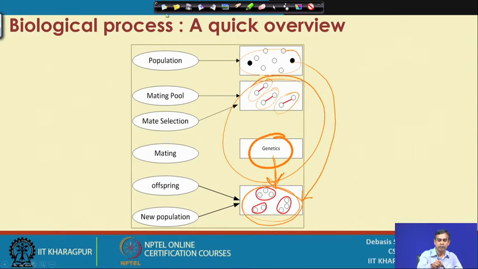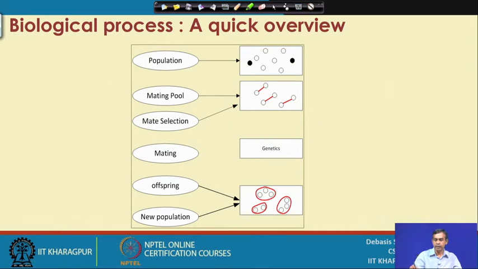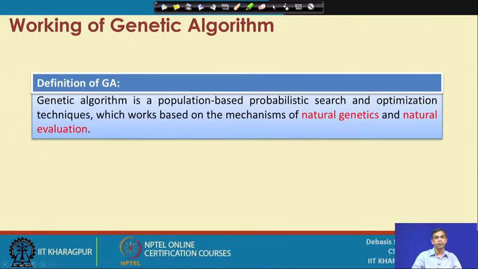These are the concepts followed there, and in genetic algorithms we are basically using the same concepts. So, I can start with the genetic algorithm concept. It is an algorithm which is population based and is a probabilistic search. Probabilistic search means the mating and reproduction are probabilistic, random, and then for optimization it selects the best candidate, and it works based on the concepts of genetics and evolution.